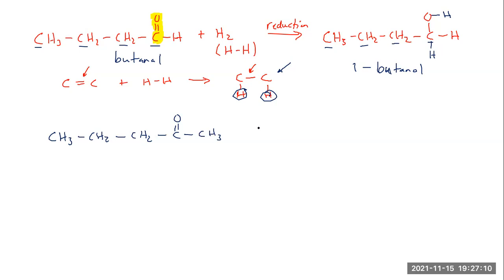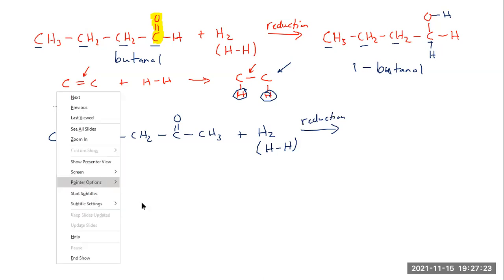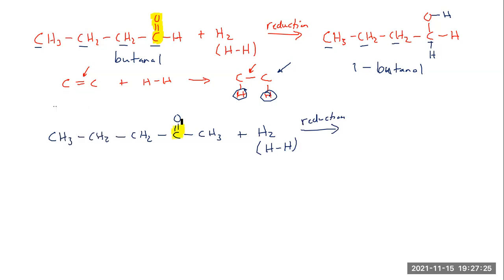Now, if I added H2 to it, which again is 2 hydrogens, an addition reaction, also a reduction, absolutely nothing changes in that big old molecule except for our carbon-oxygen double bond. It's just going to become a single bond, again, very much like this.